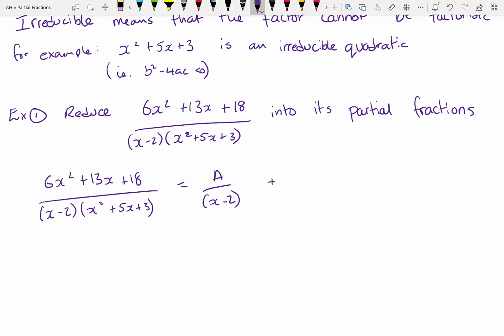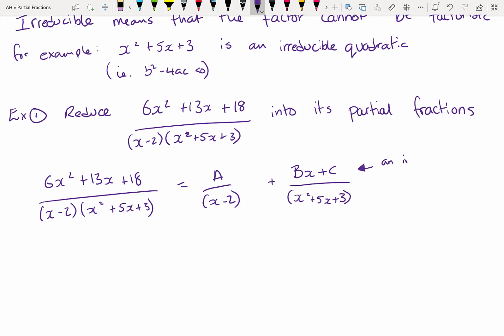Next thing we're looking at is we're going to have to put something above this x squared plus 5x plus 3 bit. But it can't be factorised any further, and so when we're dealing with that, we actually write it as bx plus c over x squared plus 5x plus 3. Okay, and that is the bit that we need to be mindful of.